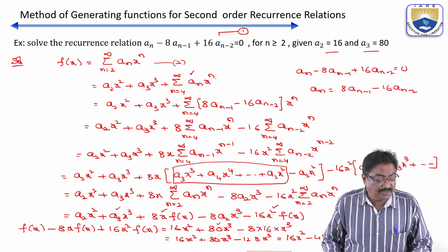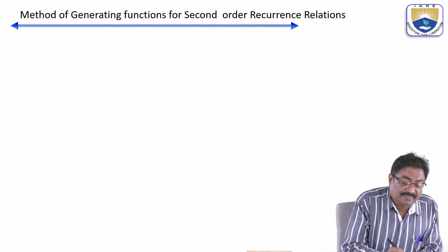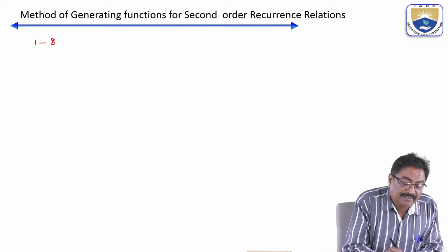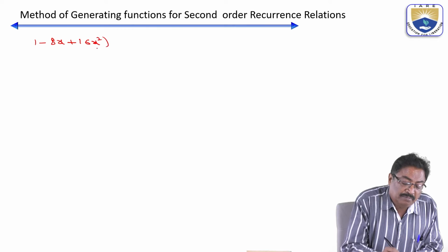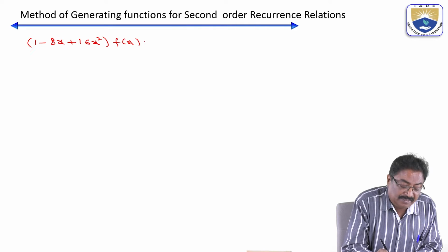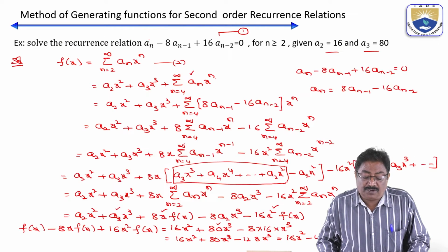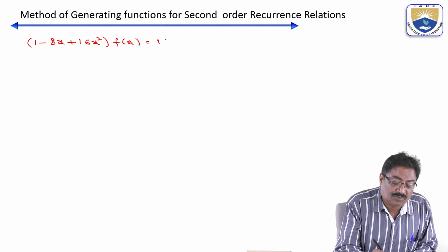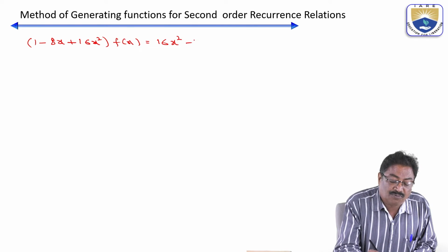Now from this I am just taking f of x as common. Then it will become 1 minus 8x plus 16x square into f of x equals 16x square minus 48x cubed.